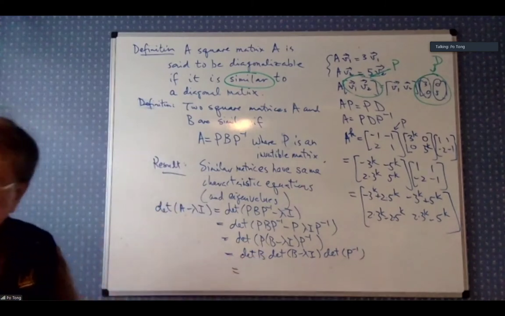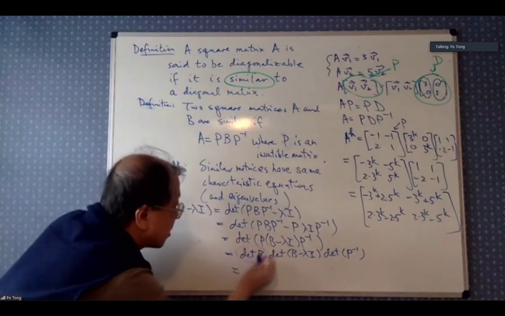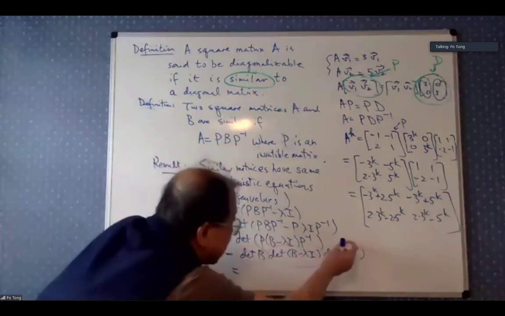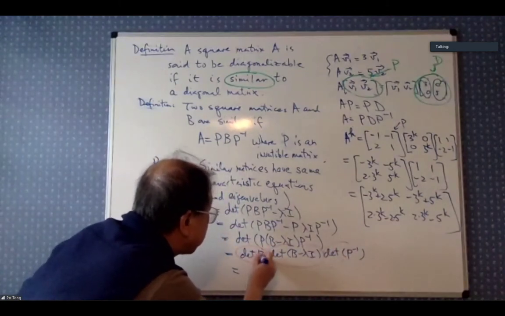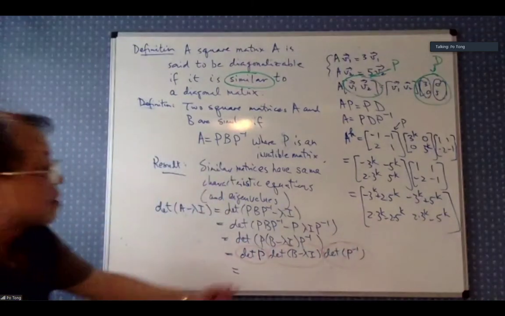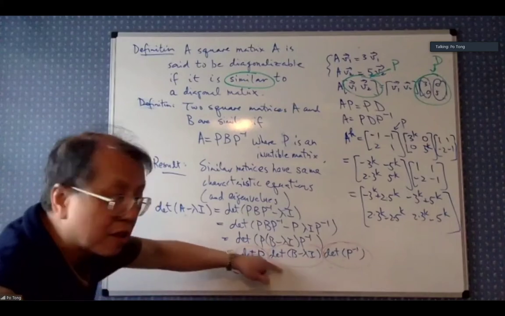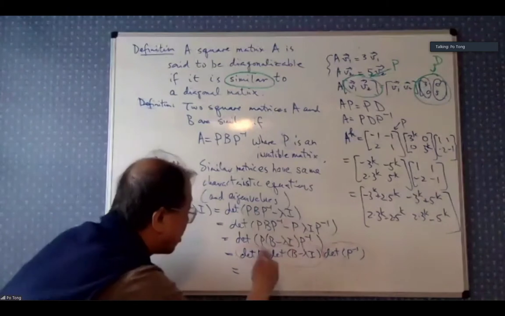These are numbers now. The determinant of P and the determinant of P inverse are numbers. This is an expression. After you take the determinant, it's multiplication, so you can swap the order.